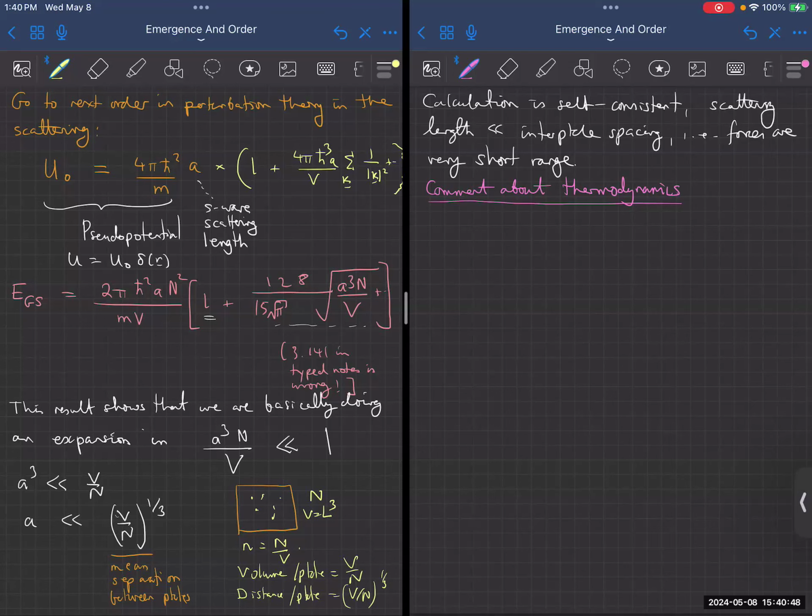What I want to show you is that what we obtained is very similar to what we would have got from thermodynamics. I'm just going to very quickly breeze through this, and some of you who remember your elementary thermodynamics will see that there's another way that we see some consistency here.